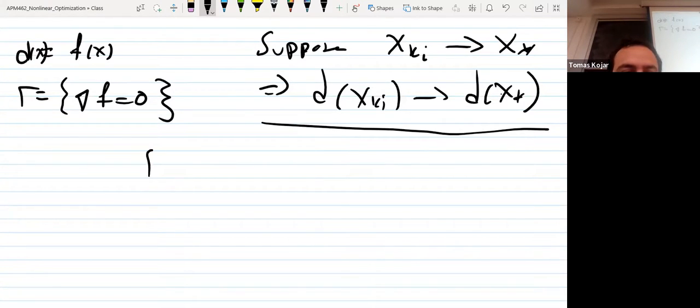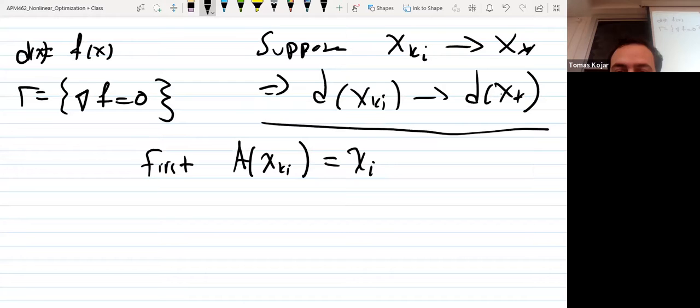So first, we know that a of xki is equal to x of ki plus 1.